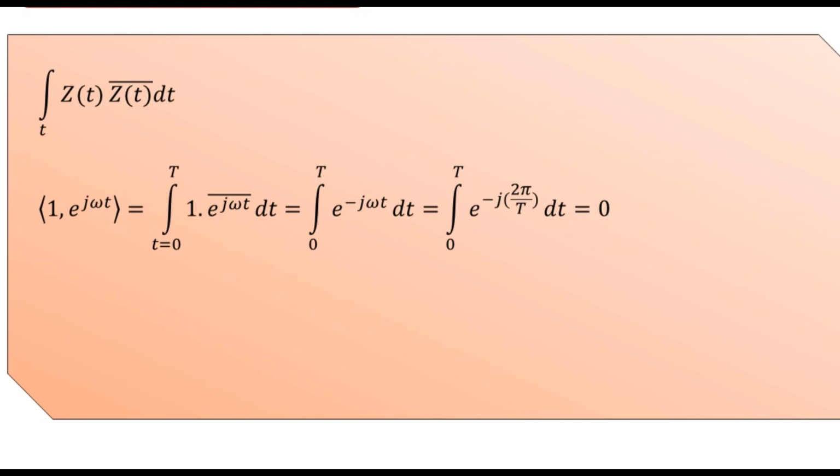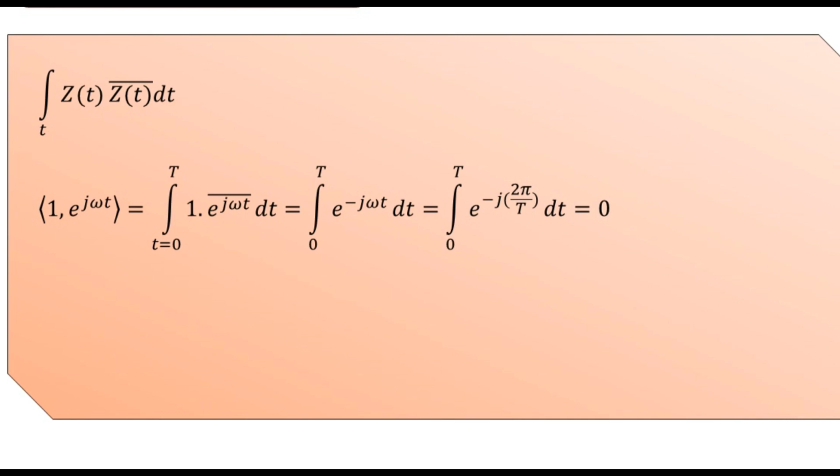So we obtain the integral 0 to capital T e to the power minus j omega t dt, that is also equal to the integral 0 to capital T e to the power minus j times 2 pi t divided by capital T dt, and this is equal to 0.